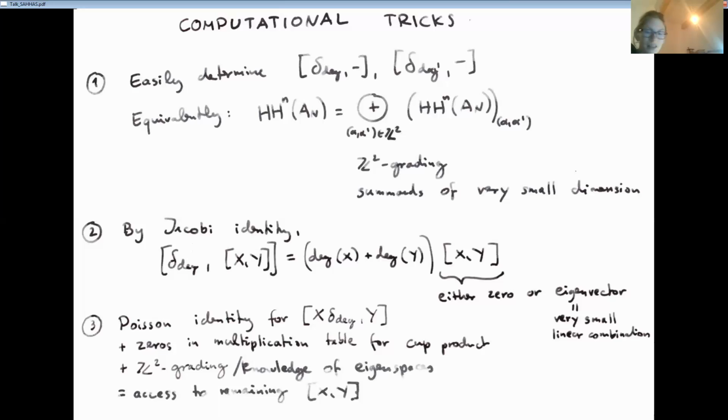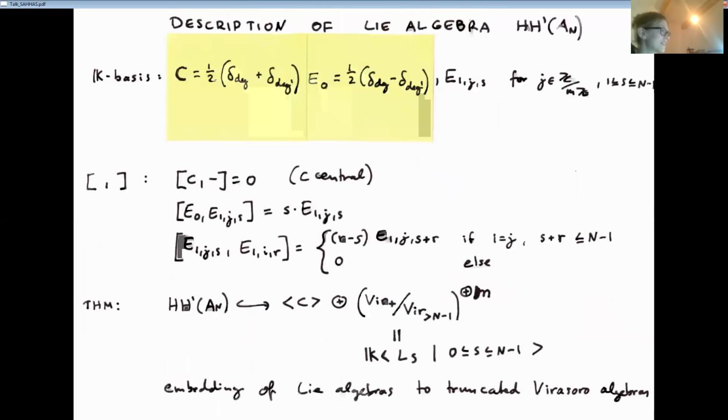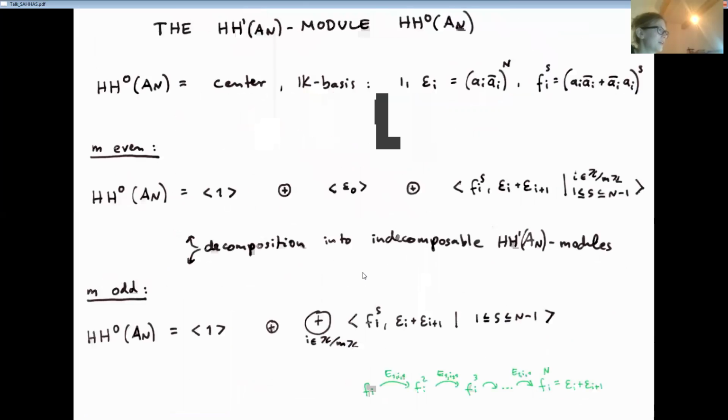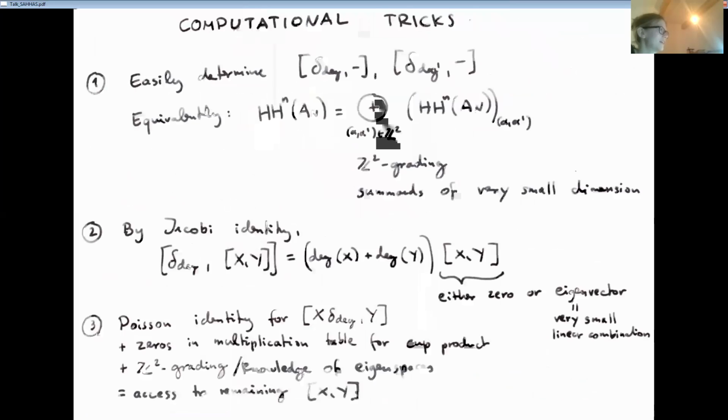In the very beginning, we were kind of just standing in front of these quite messy looking bases, and those for Hochschild cohomology are of course much worse. I mean, they have rather high dimensions sometimes, and so we were really doing lots and lots of computations to see which of the Gerstenhaber brackets we can evaluate. And having gradings at hand is really very, very helpful.